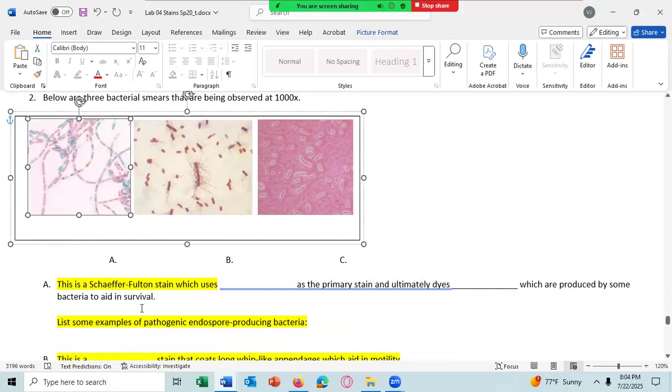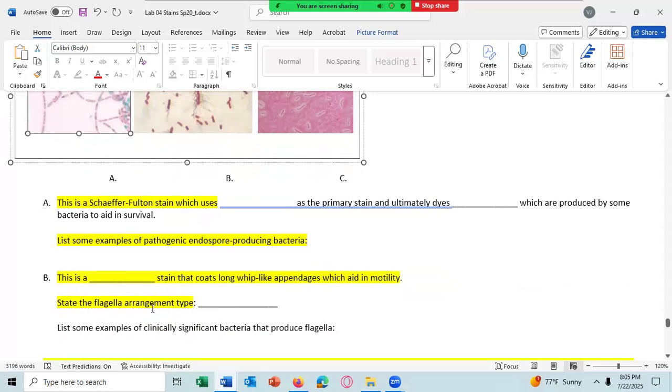And then that's 2A1, 2A2, 2A3 lists some examples of pathogenic endospore-forming bacteria. And you got that in the table in the lab module. Some examples is more than one species.